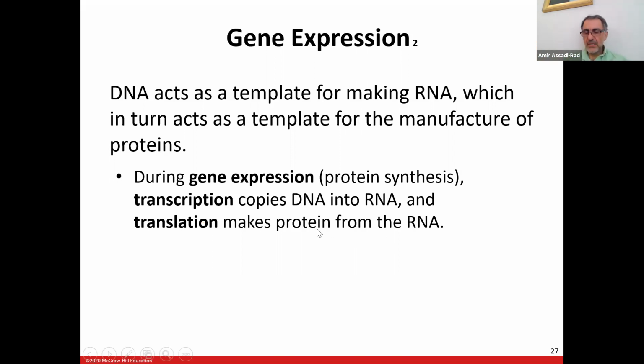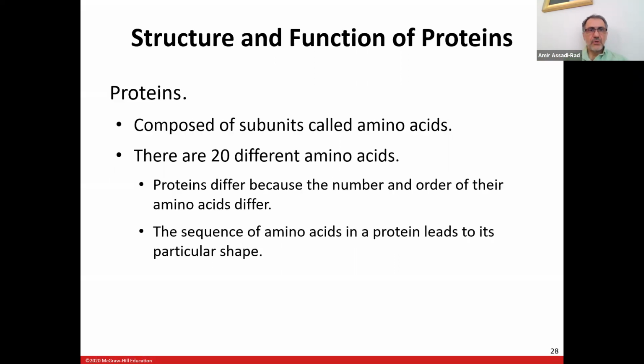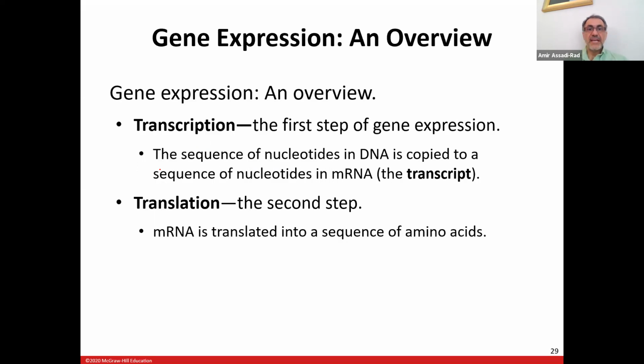Proteins are made up of amino acids. Again, your textbook mentions there are 20 different amino acids, quiz questions. Proteins differ in the number and order of amino acids, and the sequence of amino acids leads to a particular shape. Transcription is the first step of gene expression.